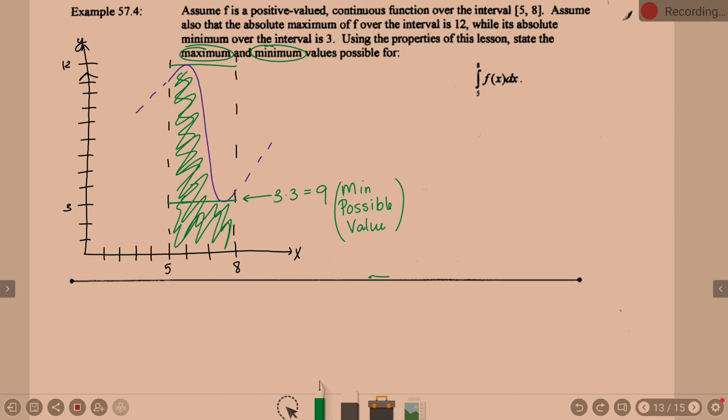So the idea there is that our minimum value is 3, the interval has a width of 3, and 3 times 3 is 9. Thoughts on the maximum possible value?